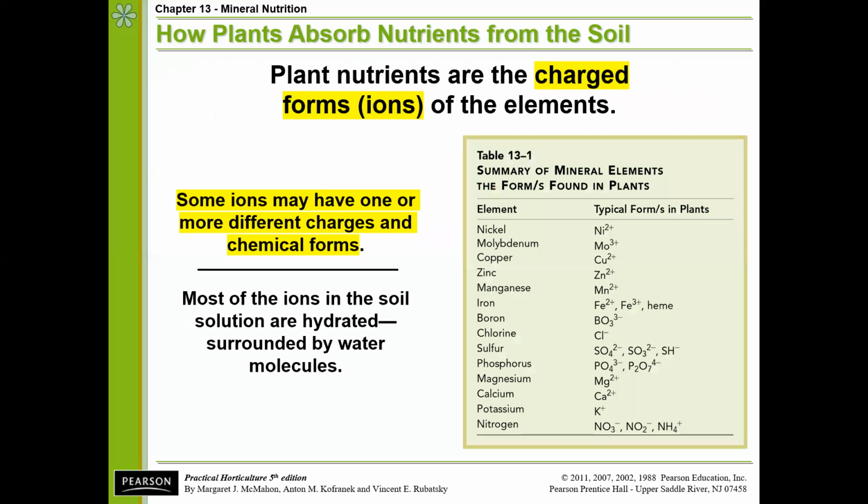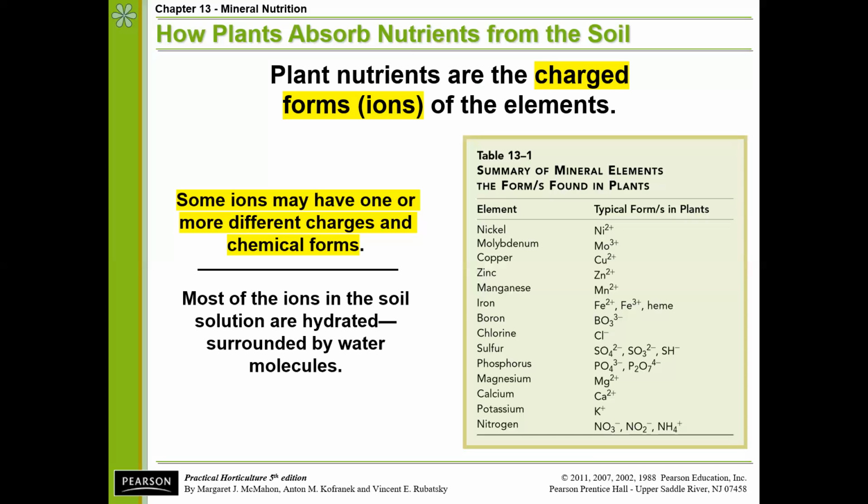So in the soil, we think of the mineral elements kind of existing in maybe their raw form, but nothing really exists just as the straight element. You don't have just nitrogen floating around in there.